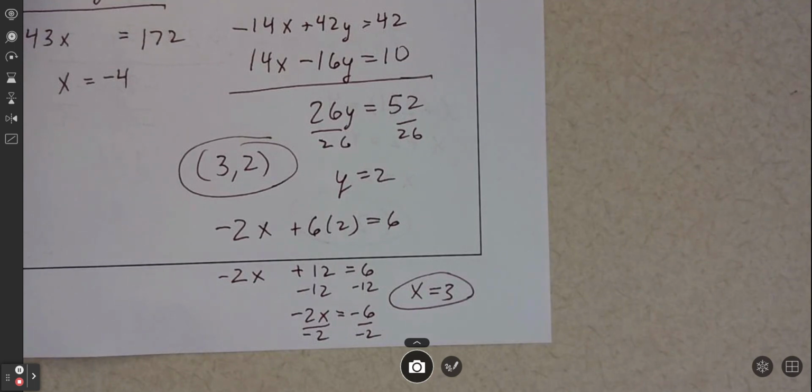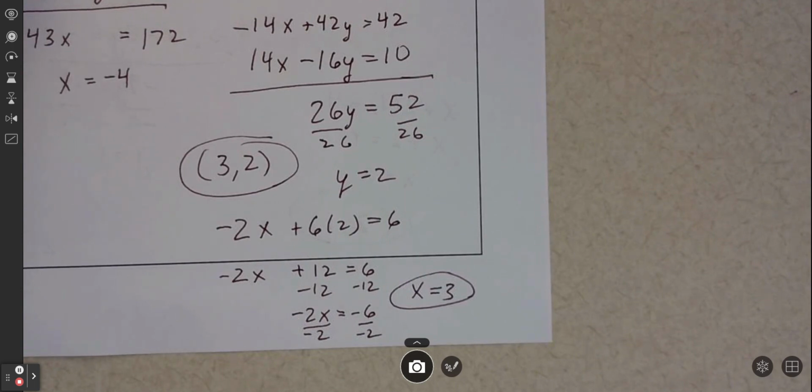So if a parent were to call me or email me and say, I'm not sure my child should be in this class, and that person almost never does the group quiz, what would you tell them? Do you think that would make the difference between doing well and not doing well?